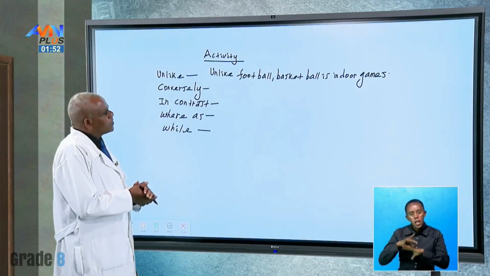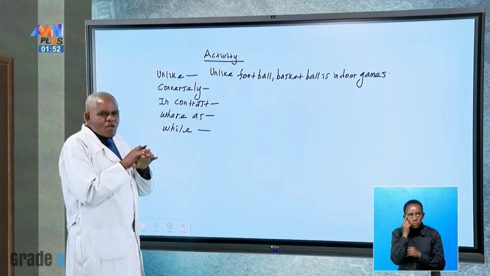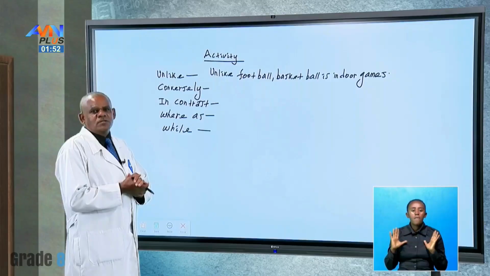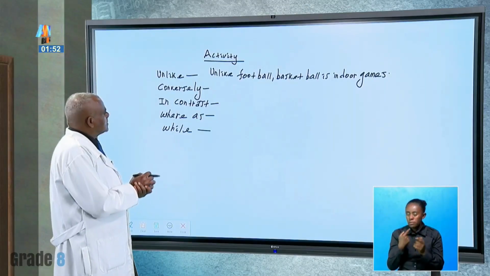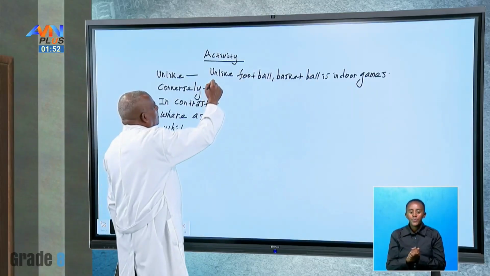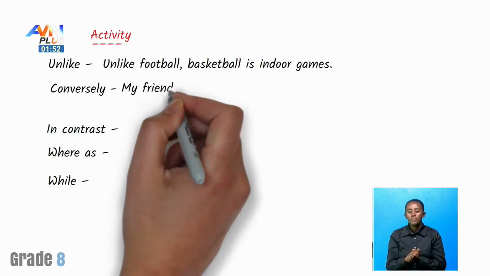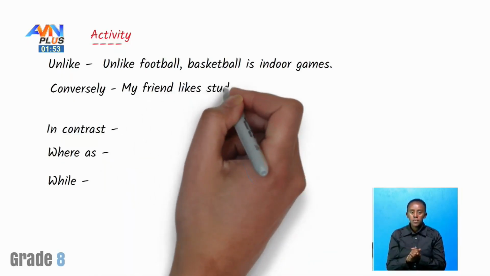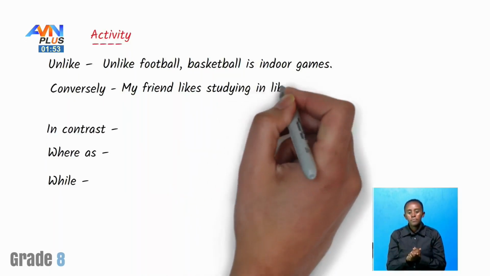That's what I'm saying: don't forget that you have to think only about situations that are common in your life or in your day-to-day activity, so as to practice these sentences. Good. My friend likes studying in the library.